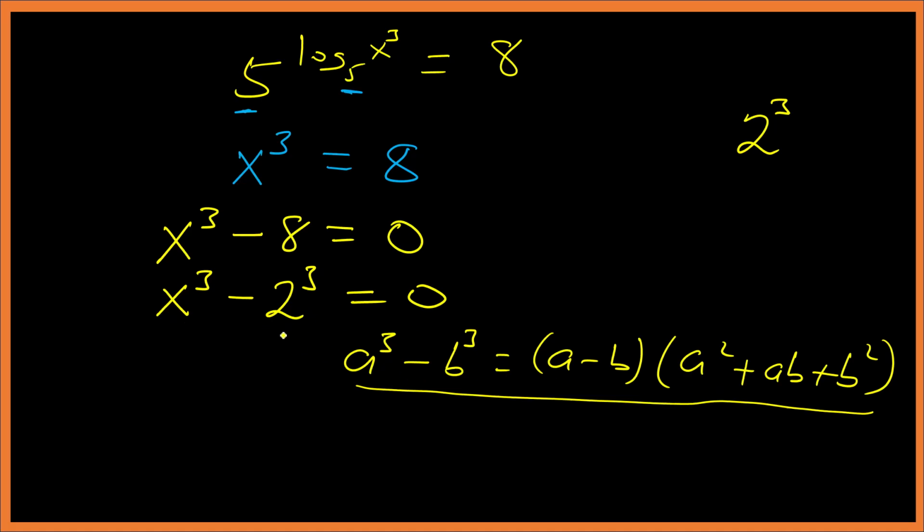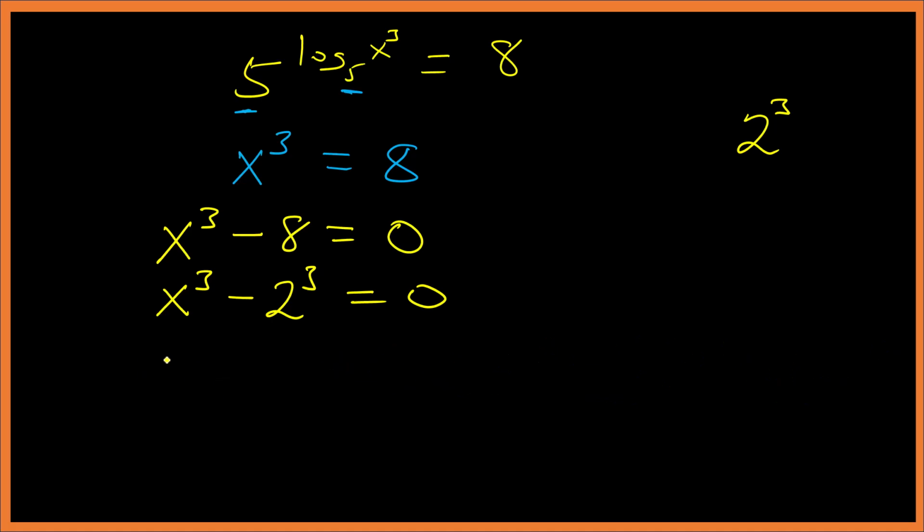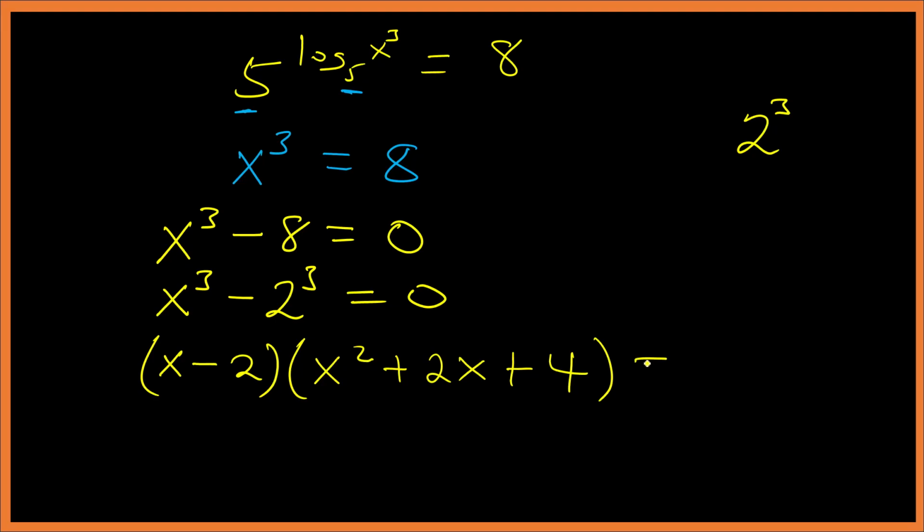So I can write this one as a difference of cubes. This side will be x minus 2, then we have x squared, then we find the product plus 2x, then we square the last term, 2 squared is 4, equals 0.